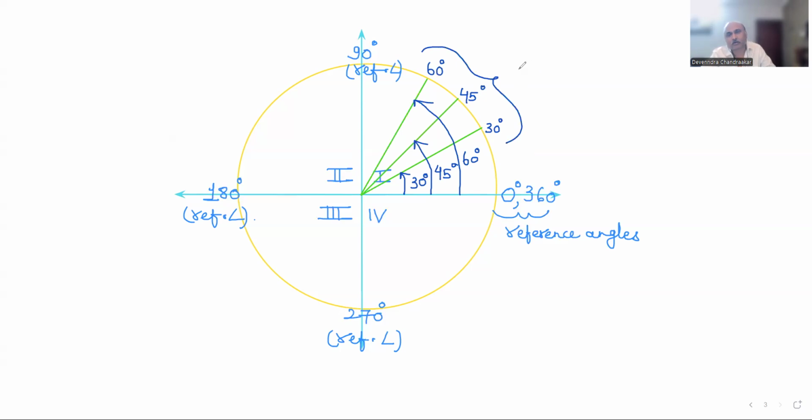These angles are called standard angles of the first quadrant. All of you understood? Everybody? Yes, sir. Good.